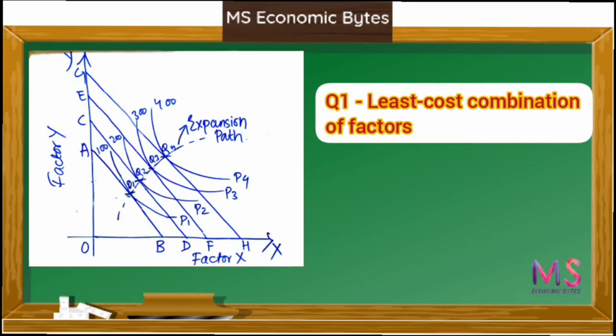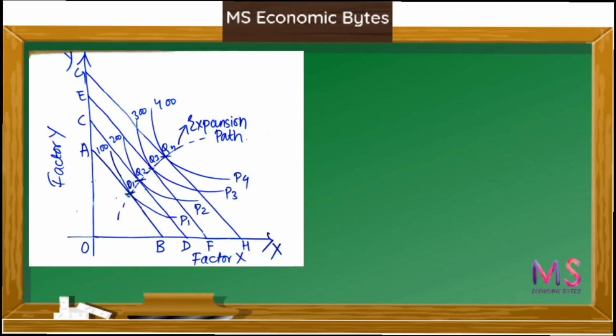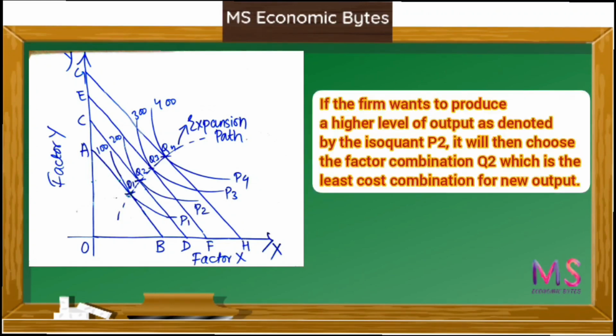Now if the firm wants to produce more units, let's say 200 units of output, then it will move to point Q2 and it will be on the isoquant P2, the higher isoquant. On isoquant P2, the firm will produce at point Q2 because Q2 is the least cost combination of factors, because at point Q2, P2 is tangent to CD.